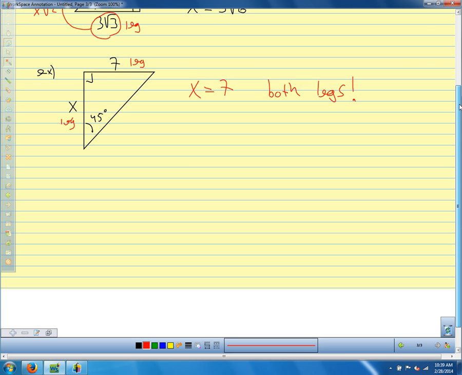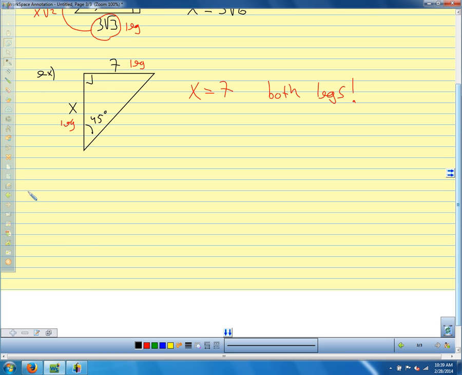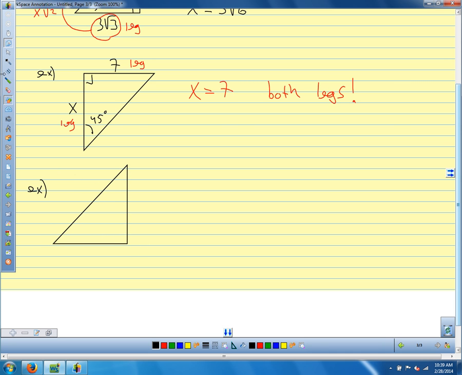All right. Let me look at one last example, and then we're done. So here's my triangle for this one. This is 5 square root 7, x, and this is a 45-degree angle.